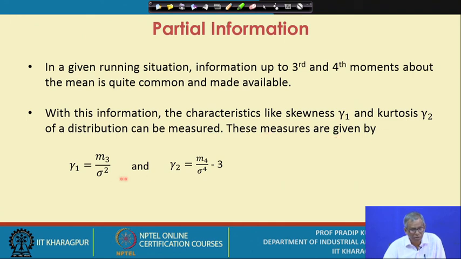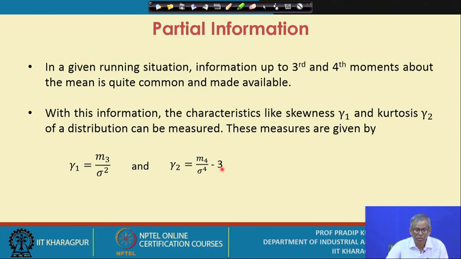Gamma 1, the skewness, is M3 by sigma cubed, and gamma 2 is equal to M4 by sigma to the power 4 minus 3. This minus 3 comes because of the normal distribution.